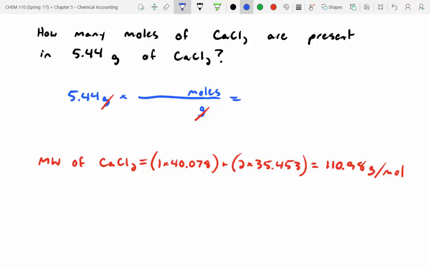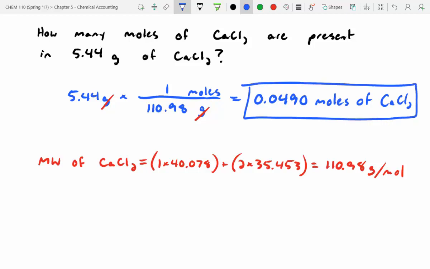Should that number go on the top or the bottom? On the bottom, right? So that's grams per mole. So 110.98 grams per 1 mole. All right, and that gives us 0.0490 moles of CaCl2.